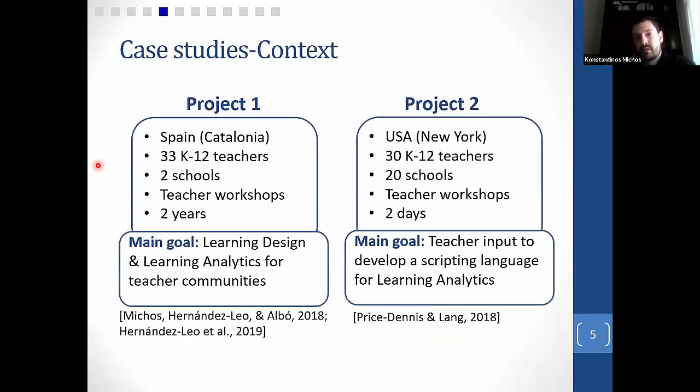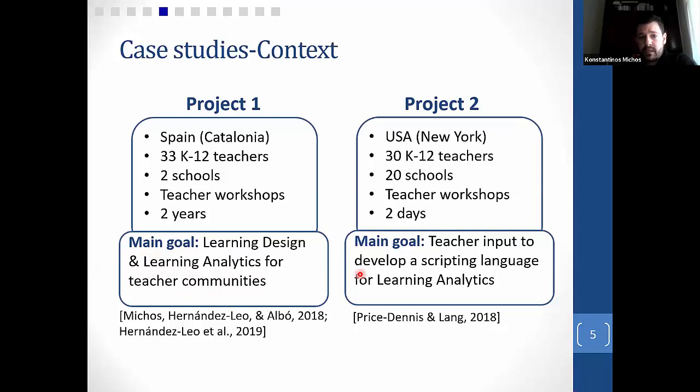where we contrasted two cases, where in both cases we involved teachers in designing learning analytics systems. In the first case, on the left, the project took place in Spain, and teachers received training in learning design and learning analytics. The aim was to develop teacher communities around learning design.